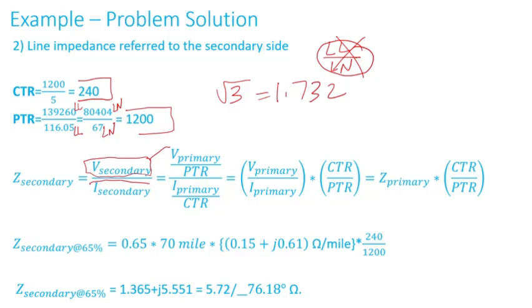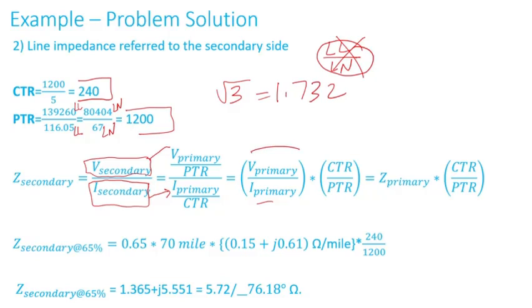And I do the same thing for current. Current in the secondary is the current in the primary divided by the CT ratio. If I rearrange this formula, I get the primary voltage divided by the primary current times the CT ratio divided by the PT ratio.